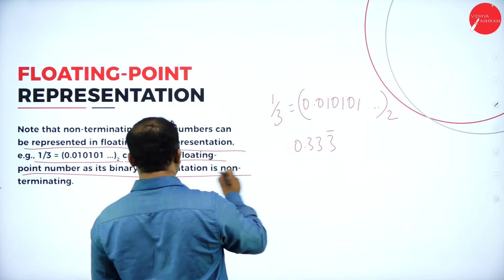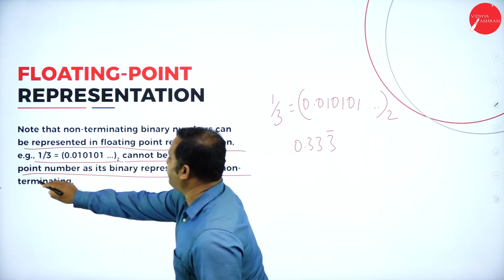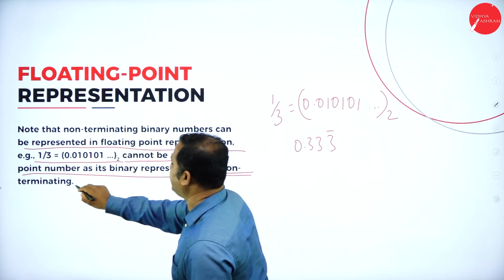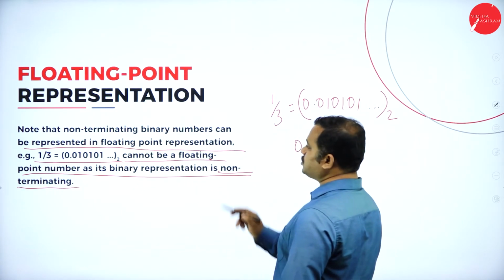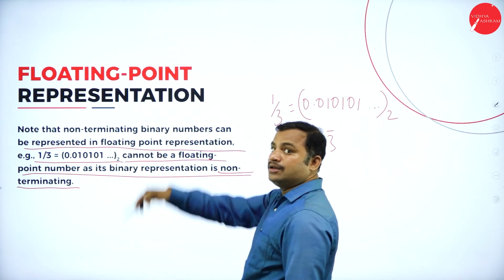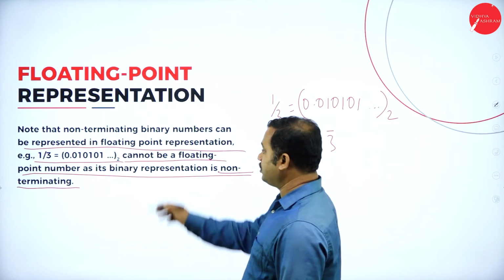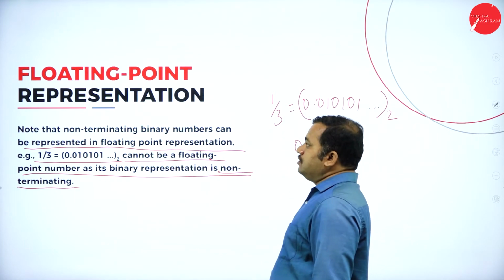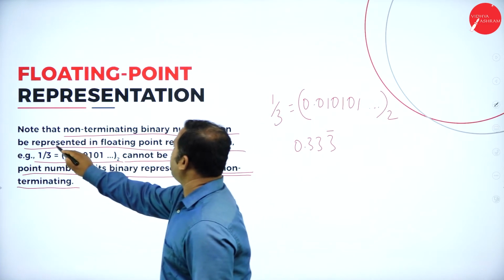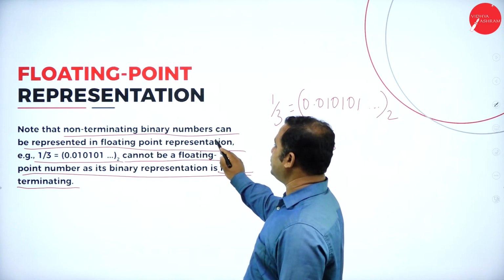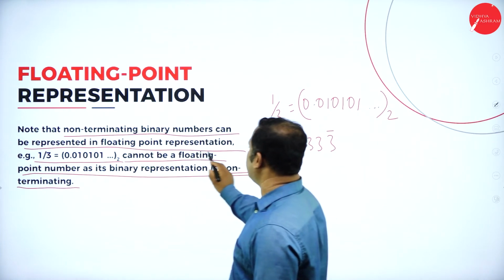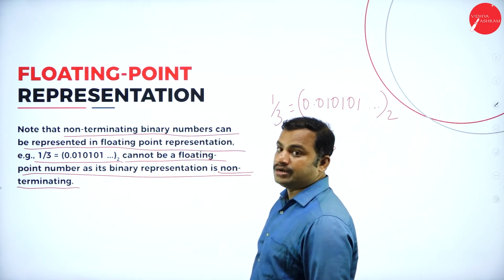So that's why we call it non-terminating. It is not just terminating, it is a non-terminating number. So that's why we have 01010101 and so on, non-terminating, to the base 2. These non-terminating binary numbers cannot be represented exactly as floating point numbers, as the binary representation is non-terminating.